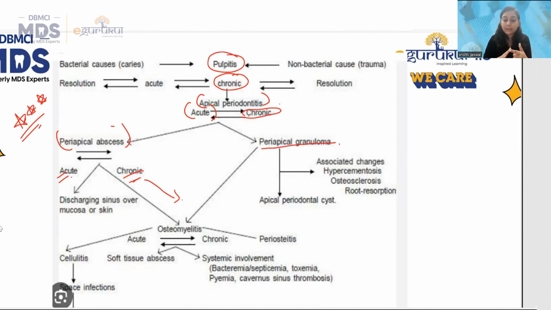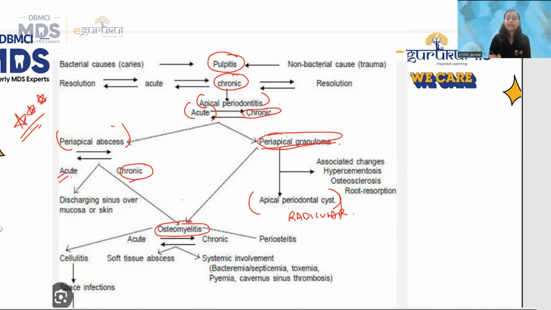Now if this periapical granuloma is not treated, it will finally go into an apical periodontal cyst, also called a radicular cyst. And this periapical granuloma can also undergo osteomyelitis. Okay, so this is important, osteomyelitis from chronic periapical abscess and periapical granuloma.